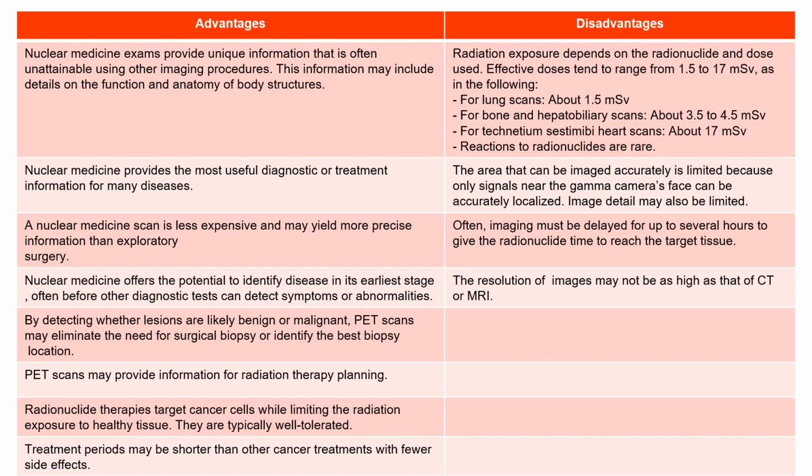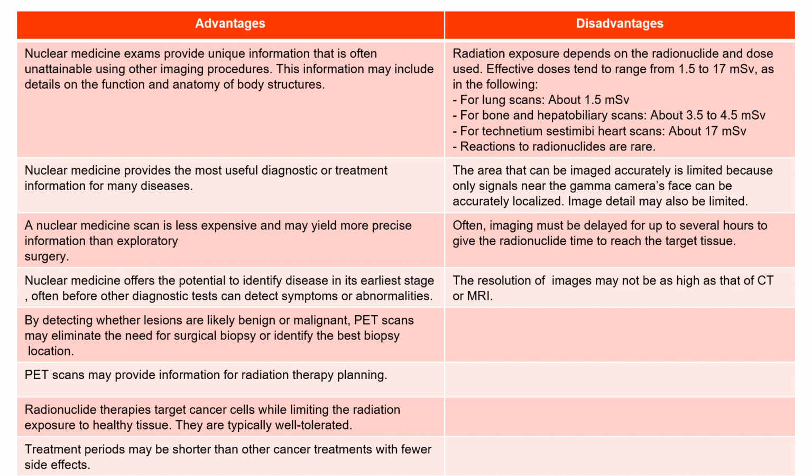Nuclear medicine provides the most useful diagnostic or treatment information for many diseases. A nuclear medicine scan is less expensive and may yield more precise information than exploratory surgery. Nuclear medicine offers the potential to identify disease in its earliest stage, often before other diagnostic tests can detect symptoms or abnormalities.